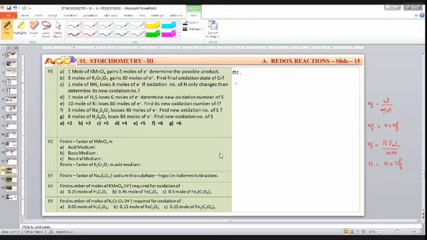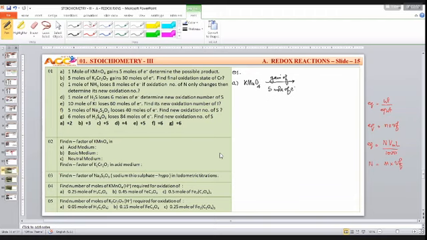Okay, I'll do it like this. First of all, KMnO4, he says 1 mole, no problem, gain of 5 moles of electrons. No problem.